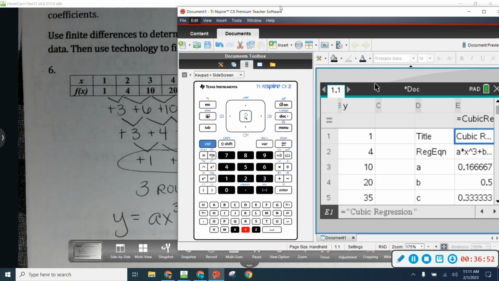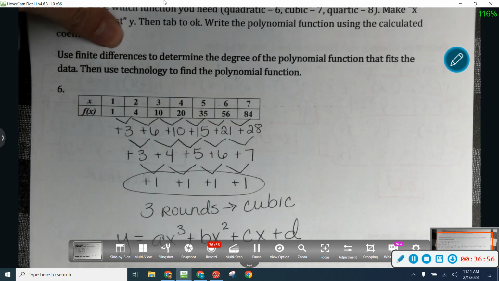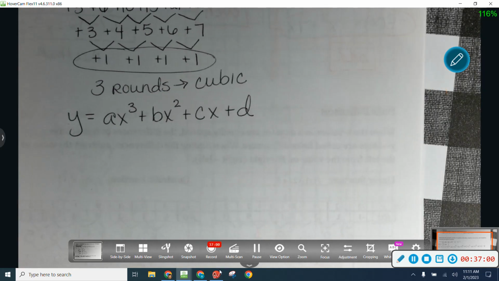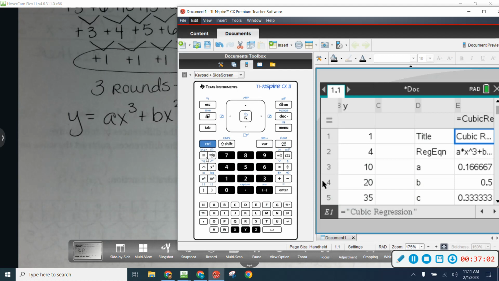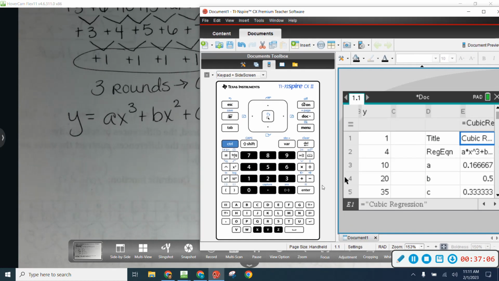We just move on with the alphabet. Okay? So what my calculator does is gives me those coefficients. Okay? So we're going to round, it doesn't specify, I'm going to say we're rounding to 2 places.